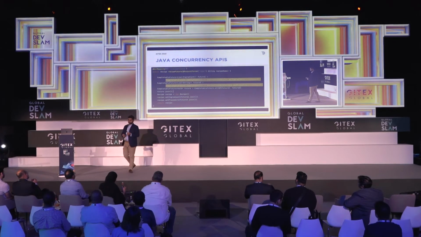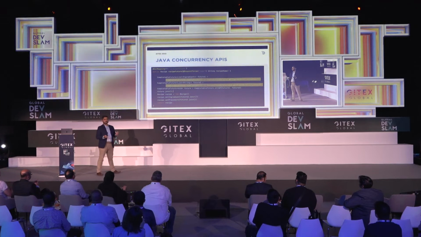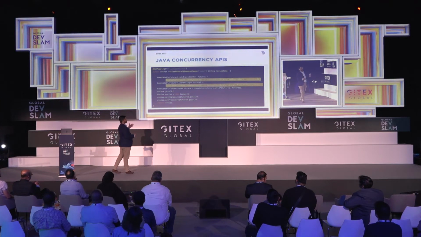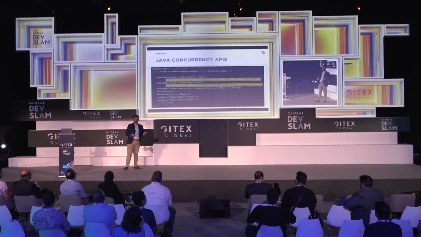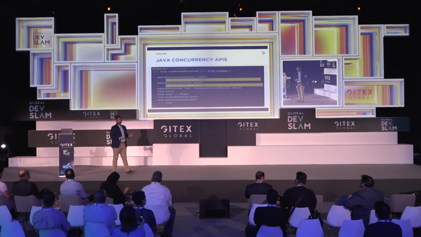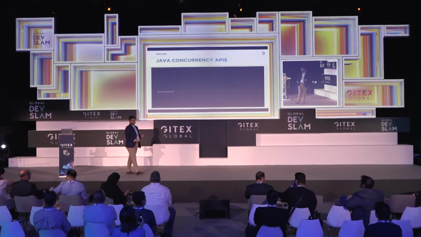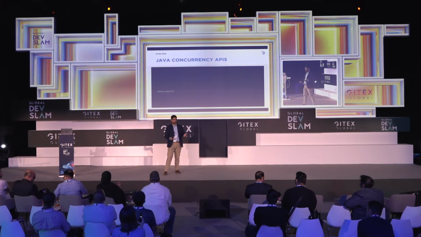But I'd like you to focus on this return type, Recipe. It's a concrete object, so this has a problem as well. The thread has to wait in order to return this concrete object. It cannot process the completion without returning a concrete object. So the thread has to wait again, right?